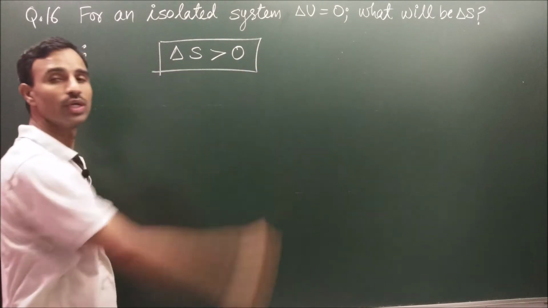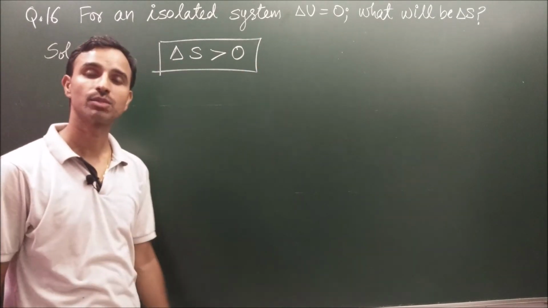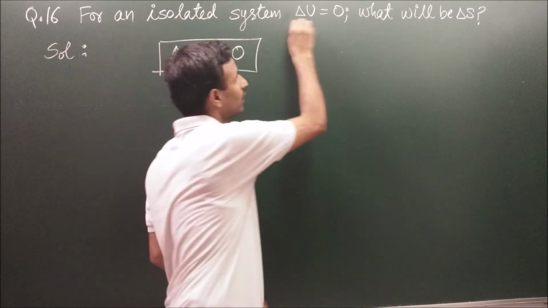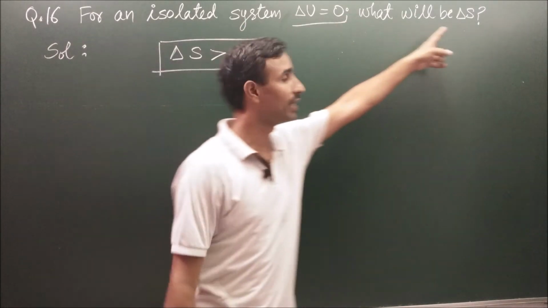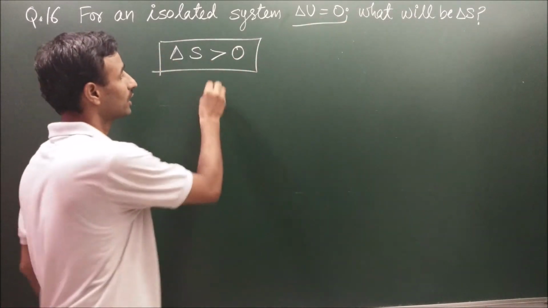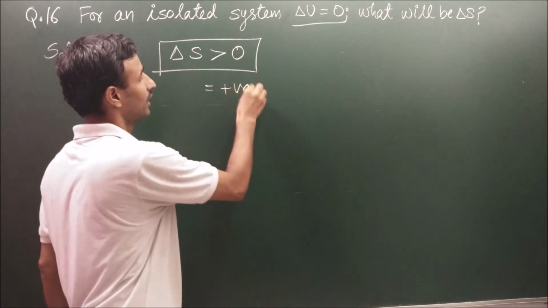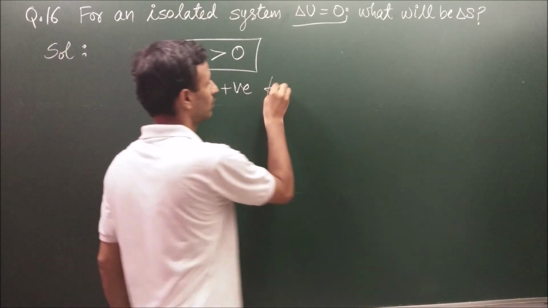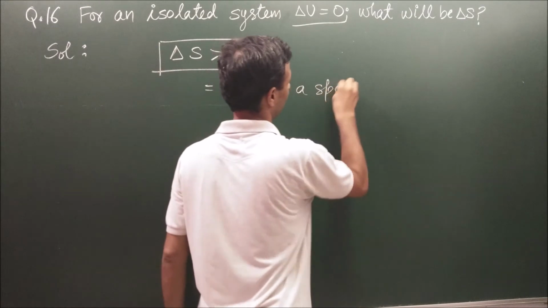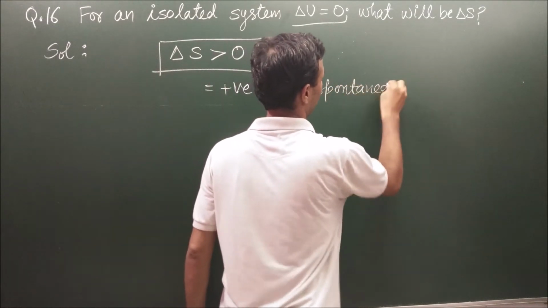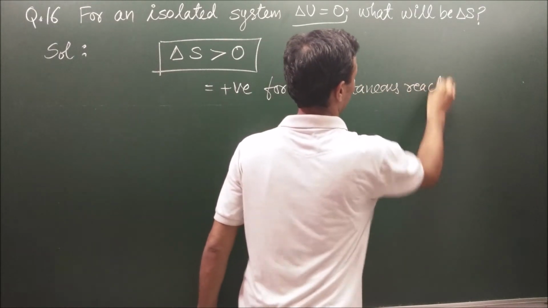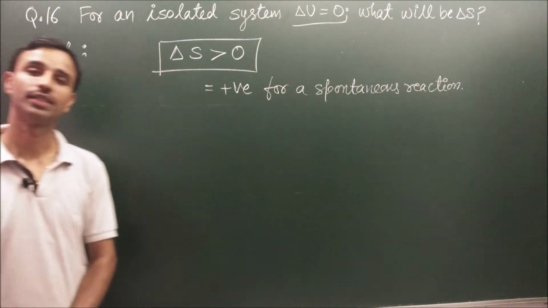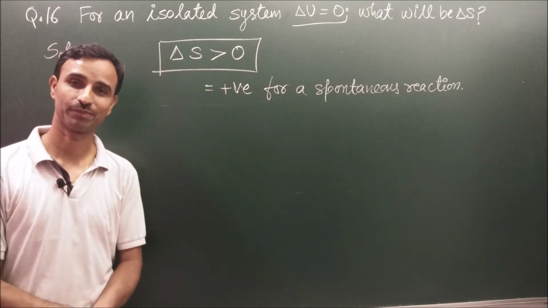It tends to increase in a spontaneous reaction. So though delta U is 0, delta S is greater than 0, or we can say delta S is positive for a spontaneous reaction in case of an isolated system. That's it.